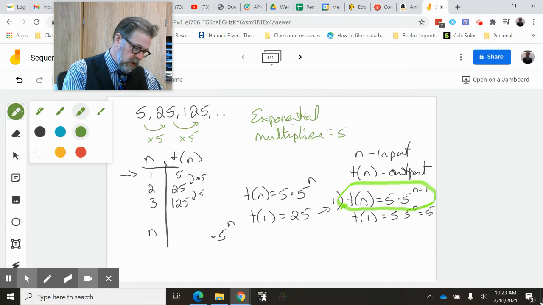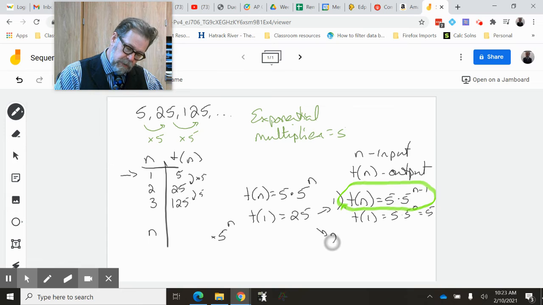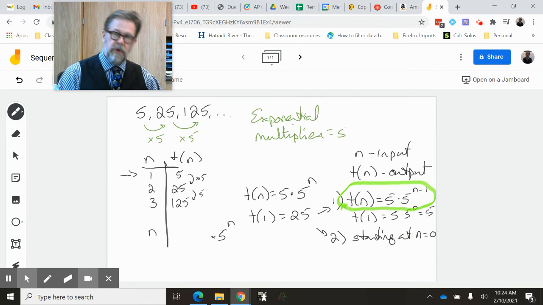This equation works. The other possibility, the second possibility, is to say that, well, my starting point is going to be n equals 0, so I have to go back a step in order to get my starting point. Now, keep in mind that that starting point is not part of the sequence. The sequence starts at 5.